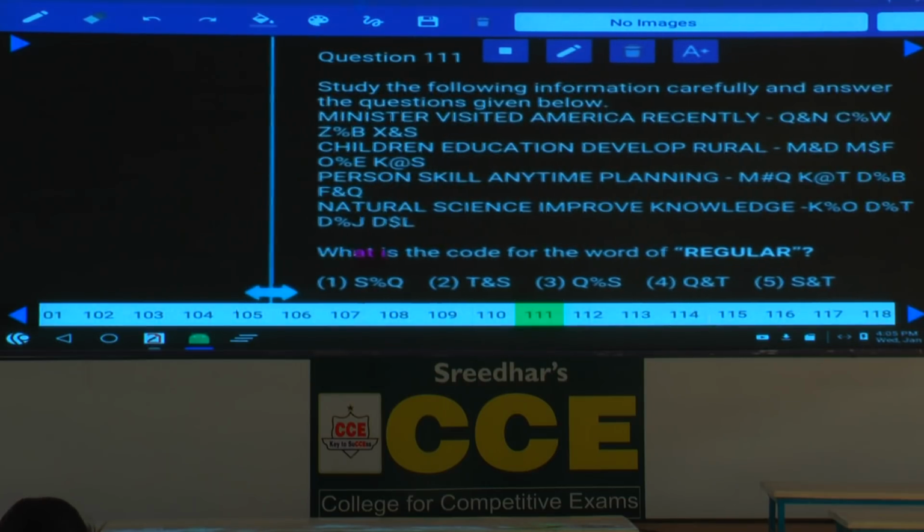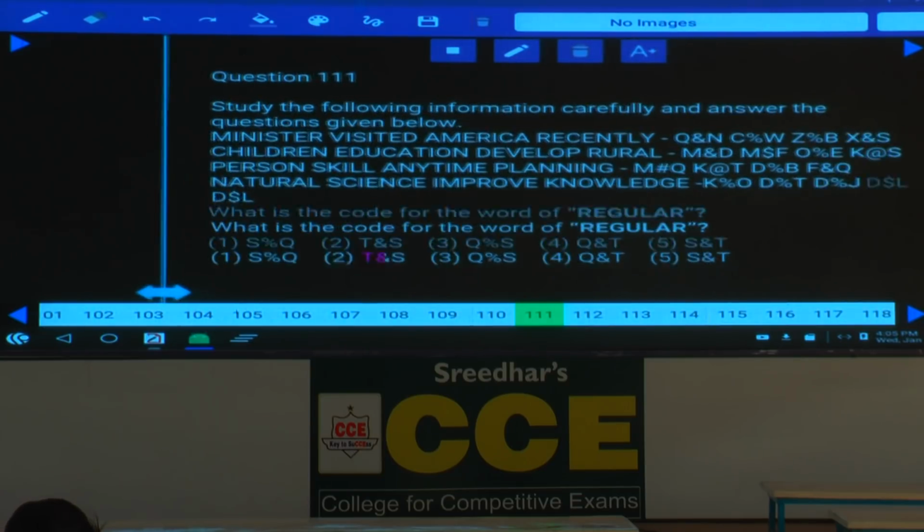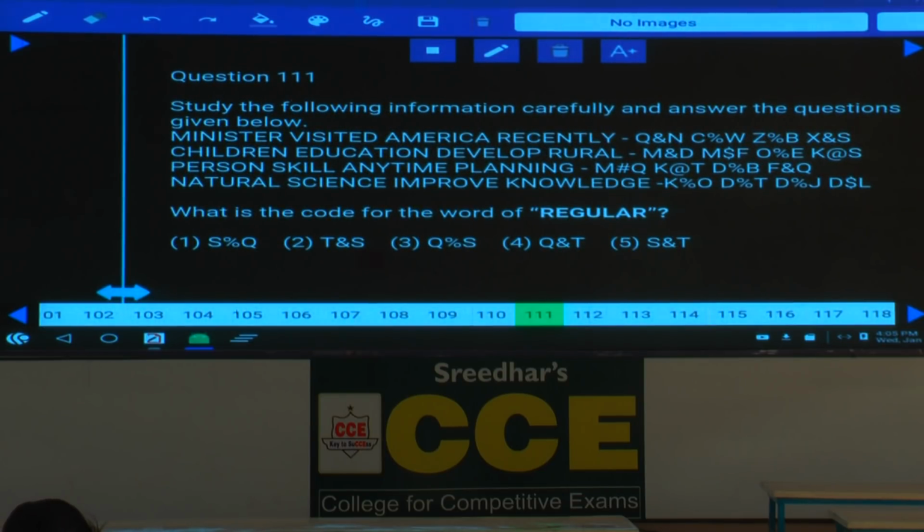Now in this 111 and 113, what is the information here? Minister. Now minister is coded as MINISTR, 8-letter word. Now M plus 1 is what? M plus 1 is N. First letter plus 1, V plus 1 is W, A plus 1 is B, R plus 1 is S. First letter plus 1 is the last letter. And again, last letter, what is the last letter here?